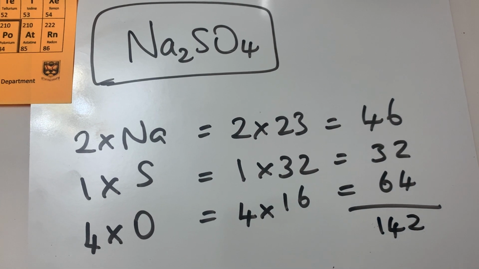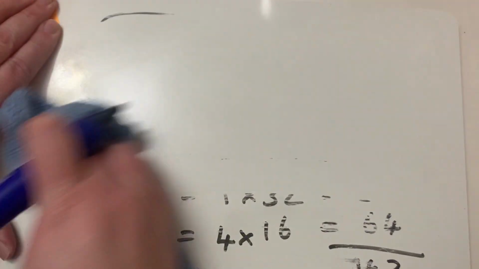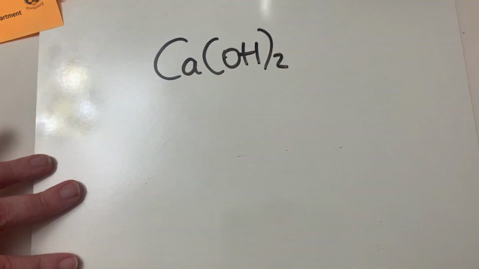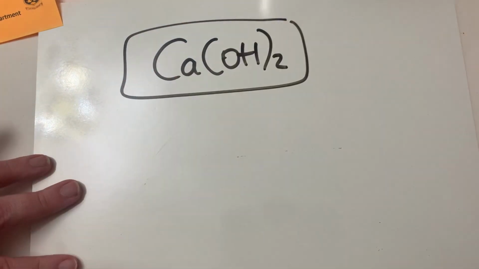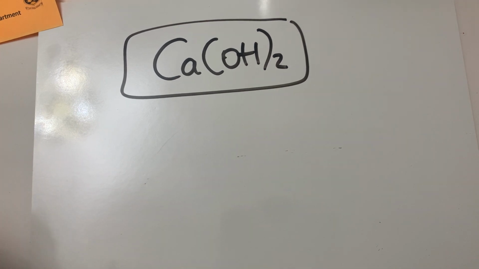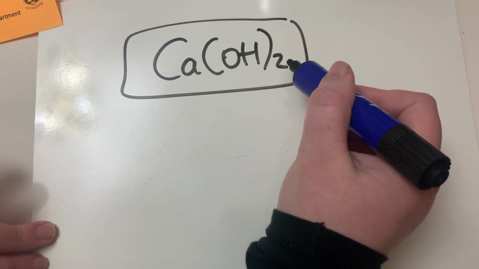Okay, so the other thing that I want to go through with you is what happens if we have brackets. Do you remember when we came across compounds like this before, what the bracket meant? Hopefully you do, and you can pause the video and have a go at this example. So the bracket means that everything inside the bracket is multiplied by the number outside the bracket.